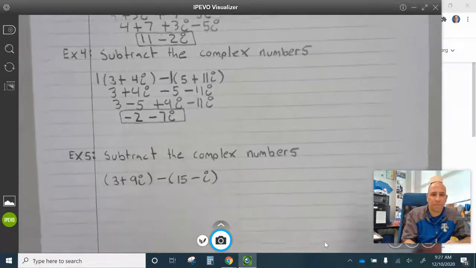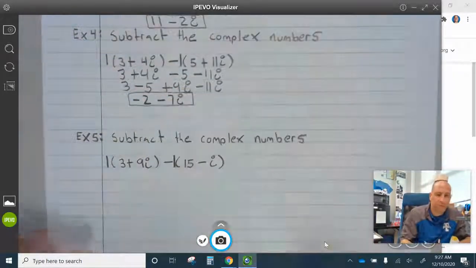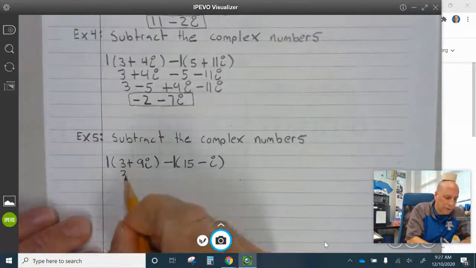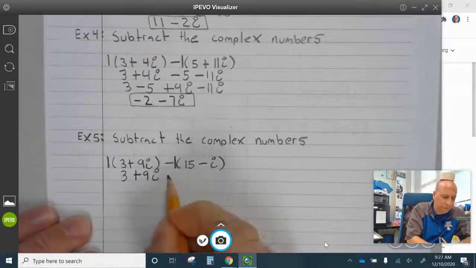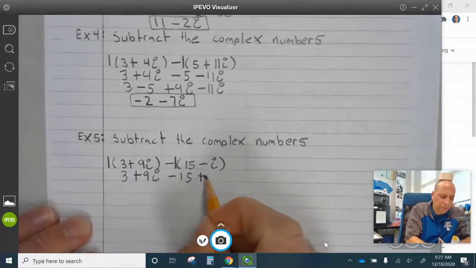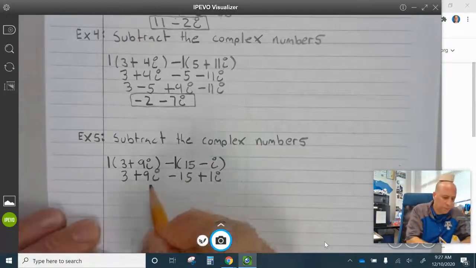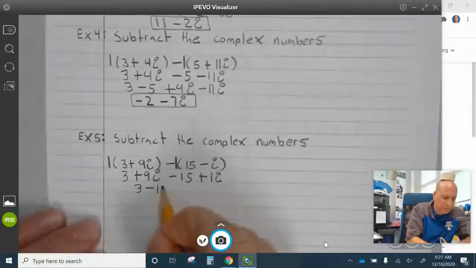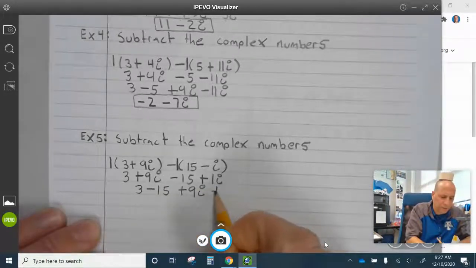Okay, let's take a look at example 5. Okay, again, multiply by the 1. So that's 3 plus 9i. Now we multiply by negative 1, so that's minus 15. Now, a negative times a negative is a positive, so that's plus 1i. Okay, so let's group. So that's 3 minus 15 and plus 9i plus 1i.